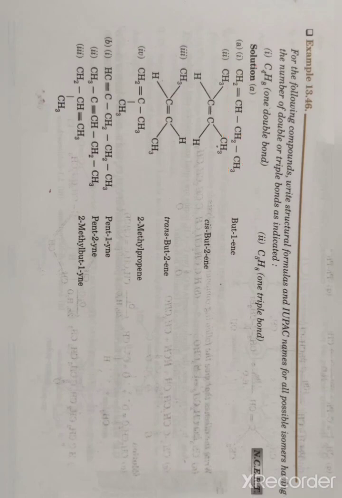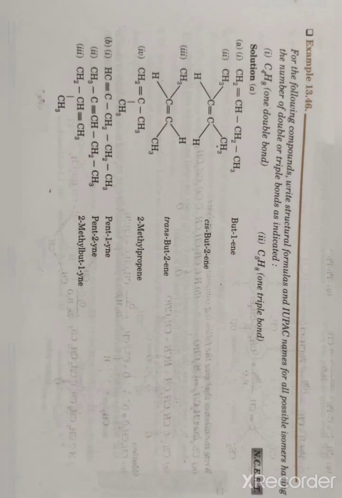The double bond can be at the second carbon. At that time we get 2 possibilities, that is geometrical isomerism is possible, cis and trans. And one more possibility is there when we branch this compound. The straight chain compound is this one, and when we branch it we get the fourth structure. So you make the structures and also write the IUPAC names for these.